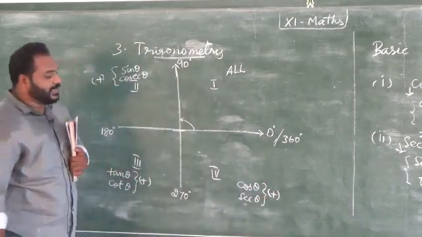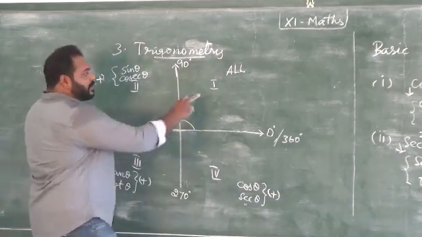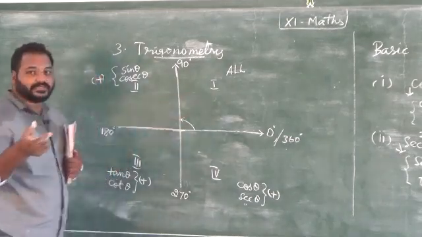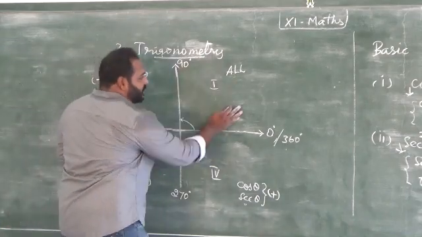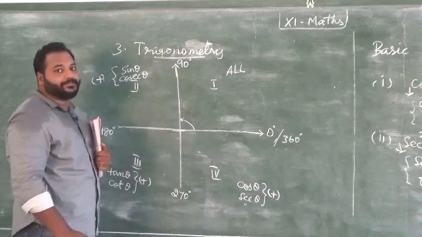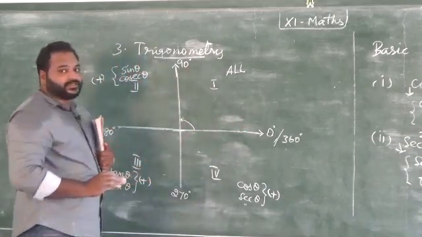Cos and secant only positive. All other 4 will be negative. In the first quadrant, sine, cos, tan, secant, cosecant, cot, all the 6 are positive.